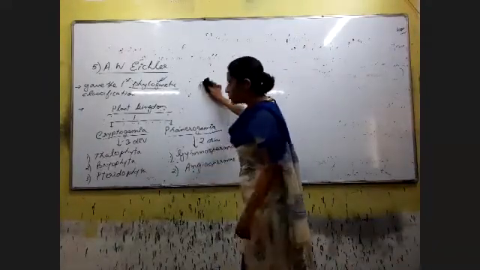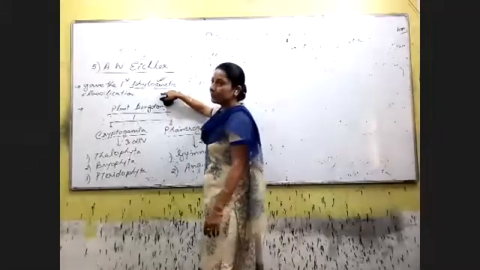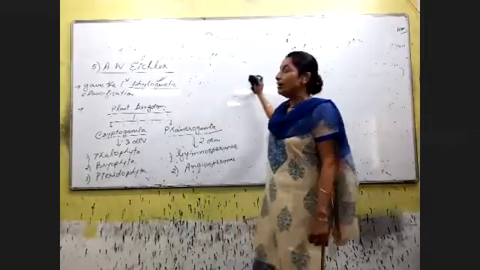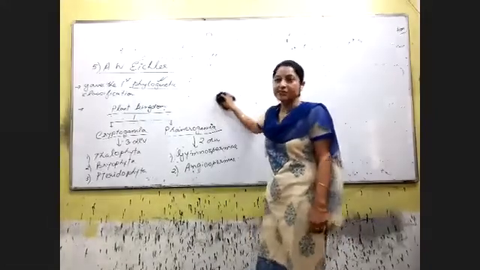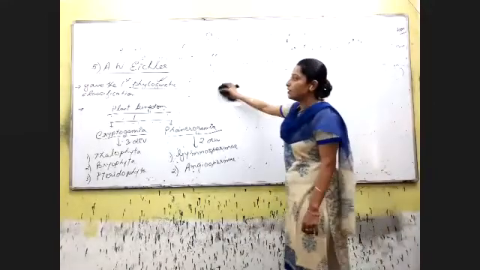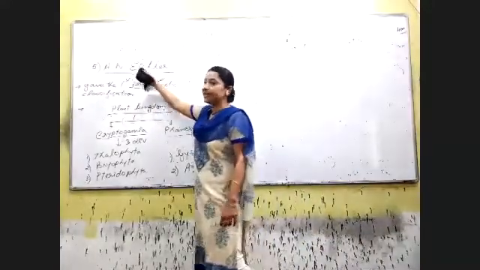Not very important, but one line. Who has given the first phylogenetic classification? If you see, first we started with artificial, next we talked about natural, now we are talking about phylogenetic. So the first phylogenetic system was given by Eichler.